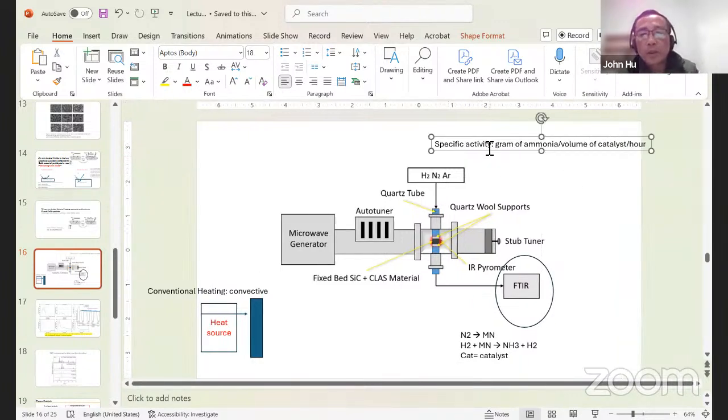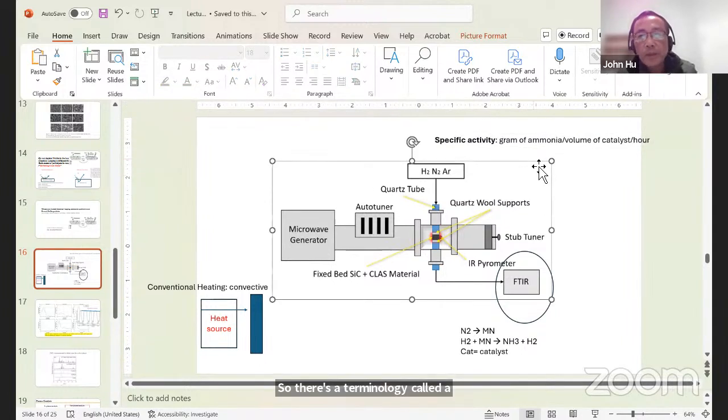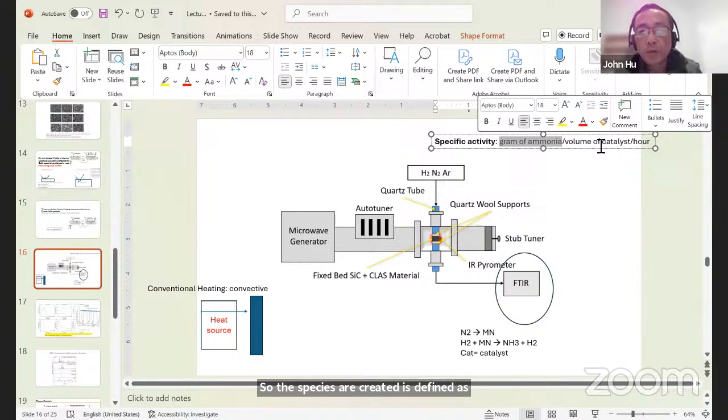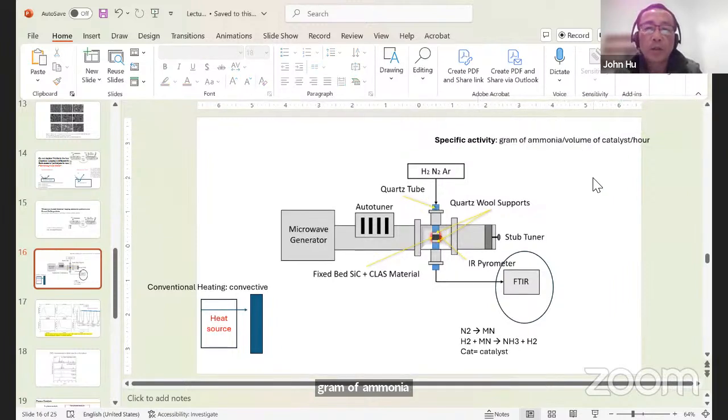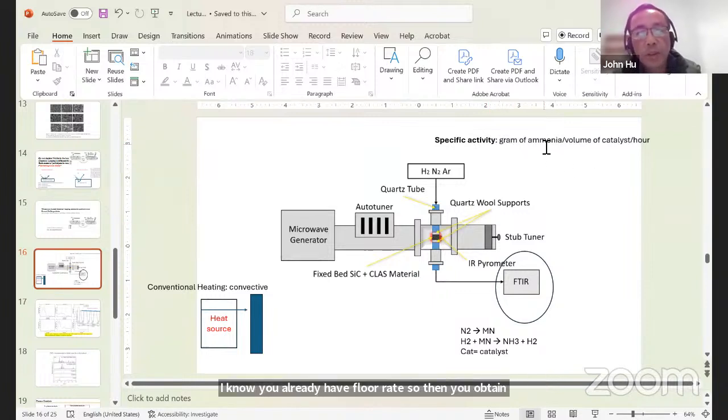There's a terminology called specific activity, defined as grams of ammonia per volume of catalyst per hour. If you use the analyzer, measure the flow rate and conversion, and you know the volume of catalyst, then you obtain the grams of ammonia per volume of catalyst per hour.